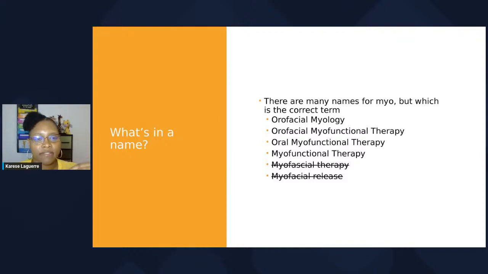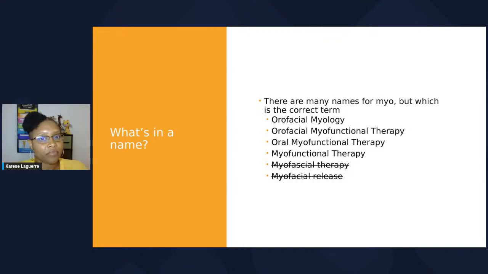I will say that oftentimes, sometimes it's confused, whether by a professional or by a layperson, but myofunctional therapy is not myofascial release. It's not myofascial therapy. Those are two different things. That's manual therapy, manual manipulation with the hands. And so we don't want to confuse those two at all.